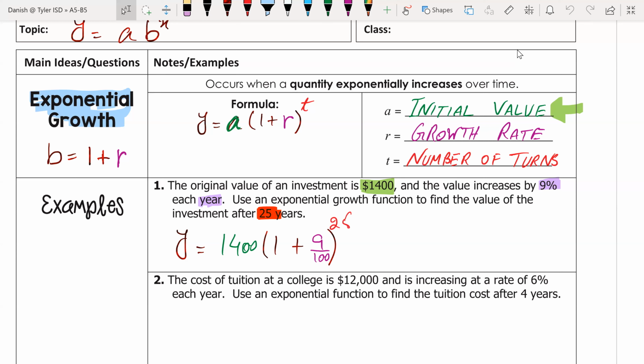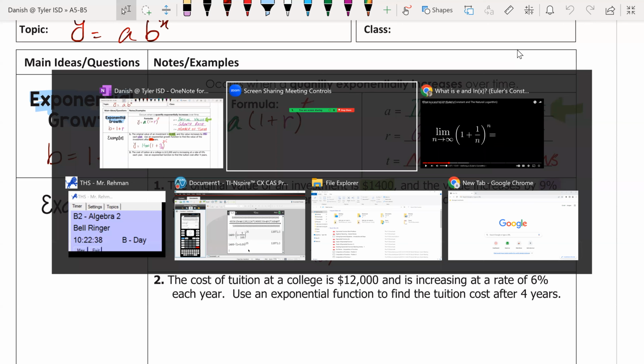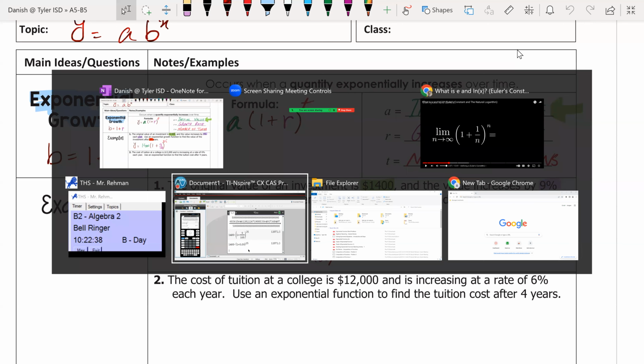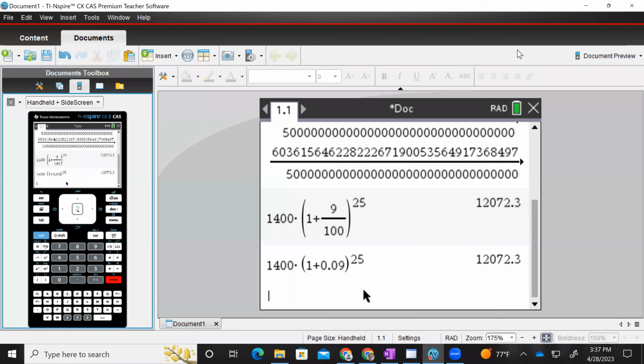We have the values now. Let me show you how you will solve this using your calculator.